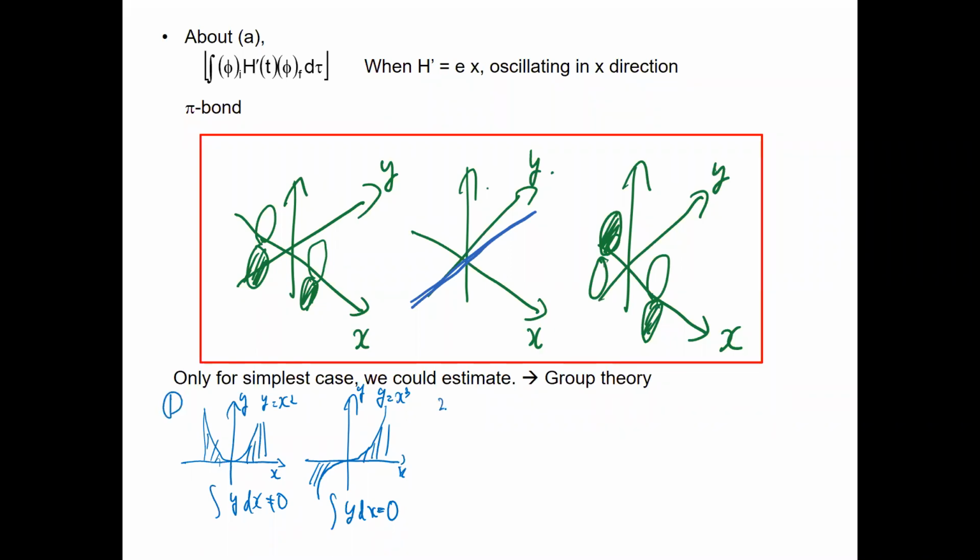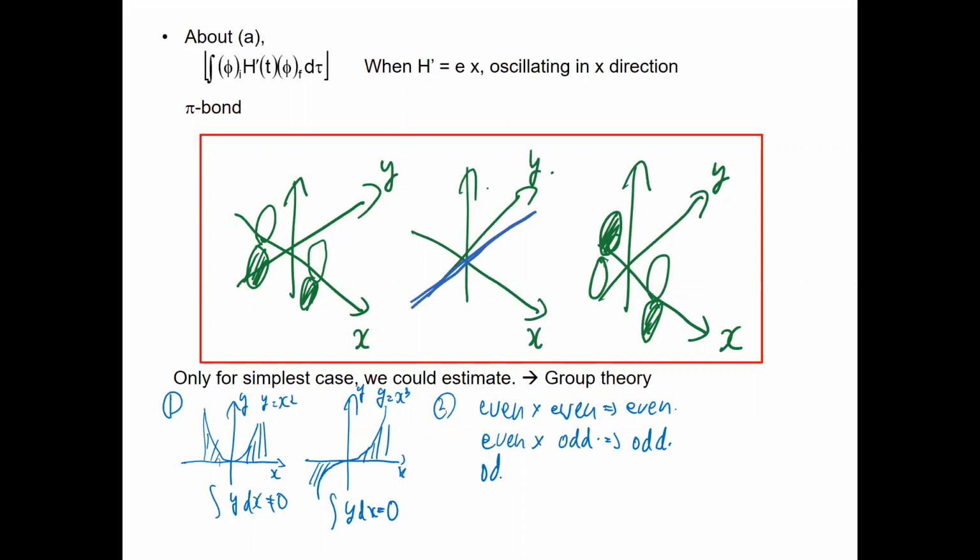And the second thing is you have to understand that even function times even function gives an even function, right? Because x squared times x squared is x to the fourth, an even function. Even function times odd function gives an odd function.